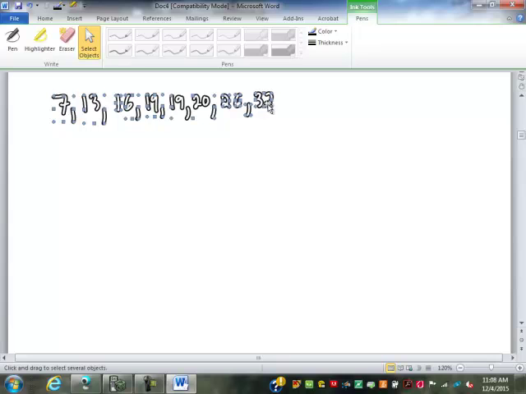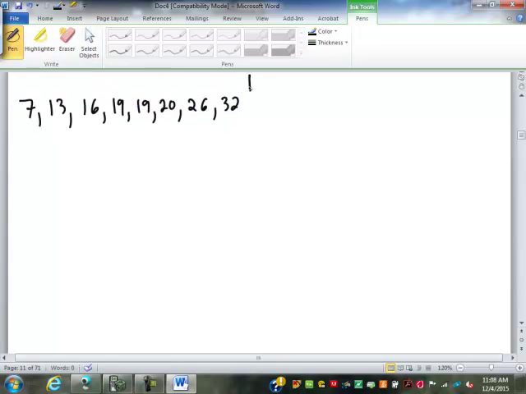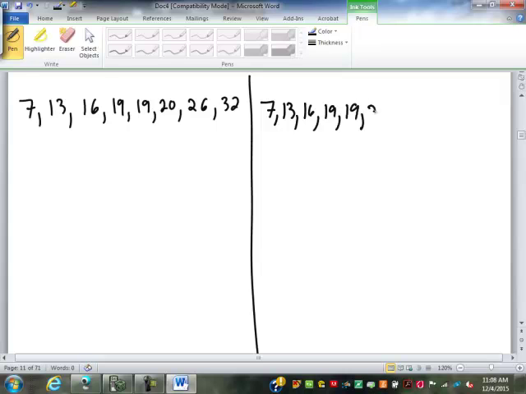I'm just going to slide this over a little bit because I wrote bigger than I wanted to. My second set of numbers, so like that.